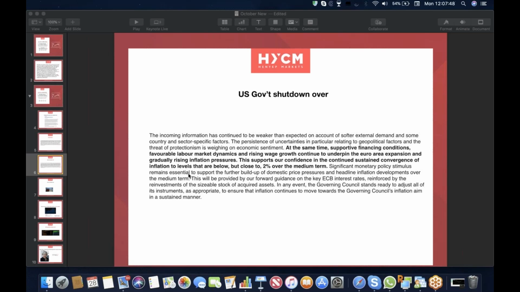Because it's a more negative message for the euro, and we saw last week that the euro was selling off, and at the end of the week it was just rising a little on the back of US dollar strength. But the bigger picture is that this is an acknowledged slowdown from the European Central Bank. So that's one thing to look at. We can refer back to that during the webinar, so just keep that in your mind.